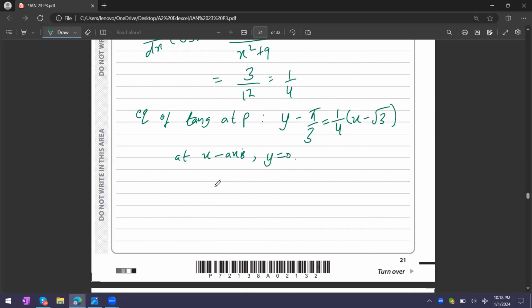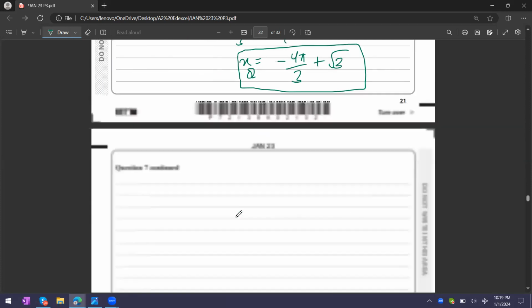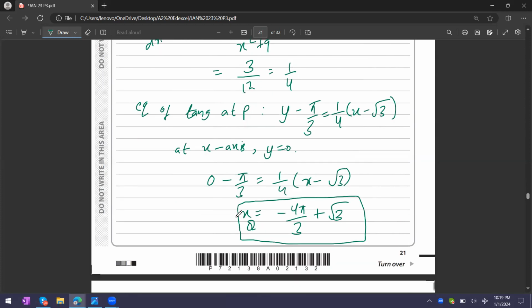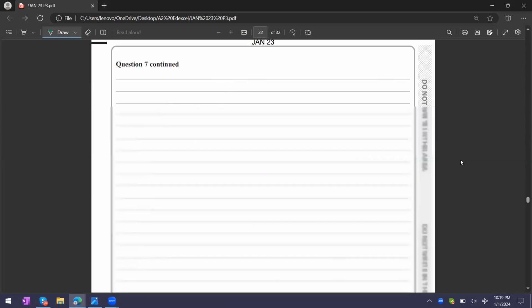So you can substitute 0 here. 0 minus pi by 3 is equal to 1 by 4 into x minus root 3. x is equal to, this 4 will multiply and go there, minus 4 pi by 3 plus root 3. Okay, so that's the x coordinate of Q. That's it for this question. Any doubt, any confusion, you can ask me. No, sir, it's clear. All right, let's move on.